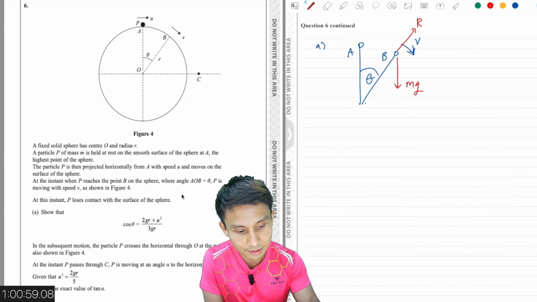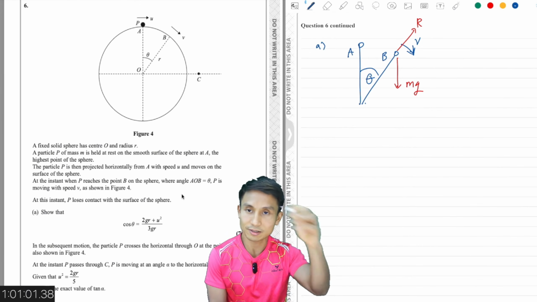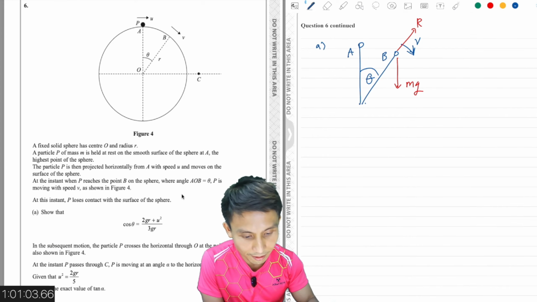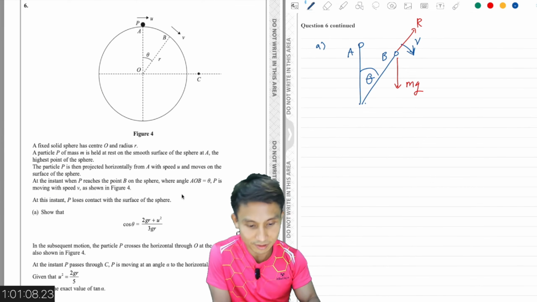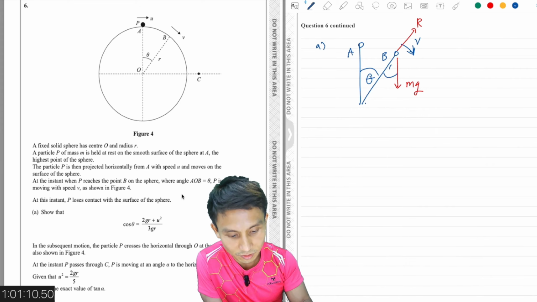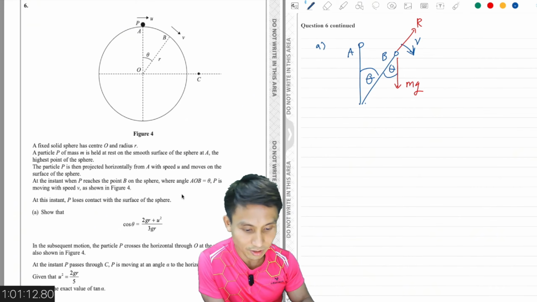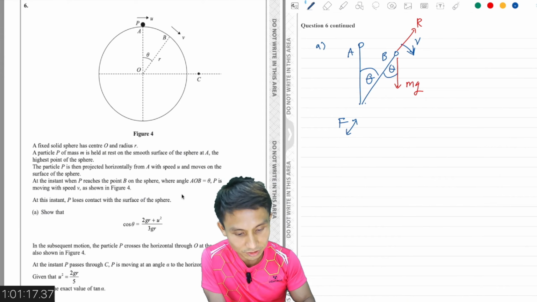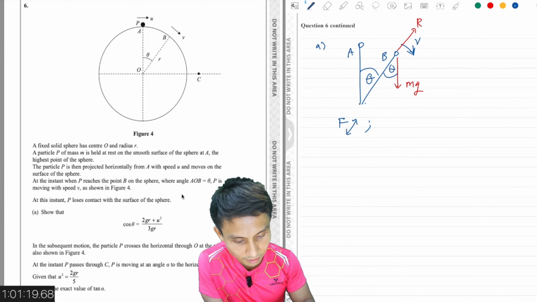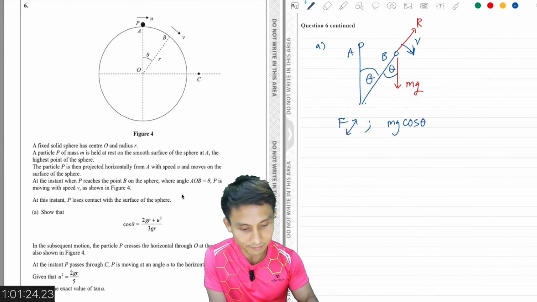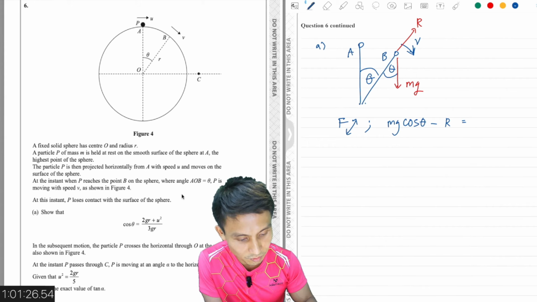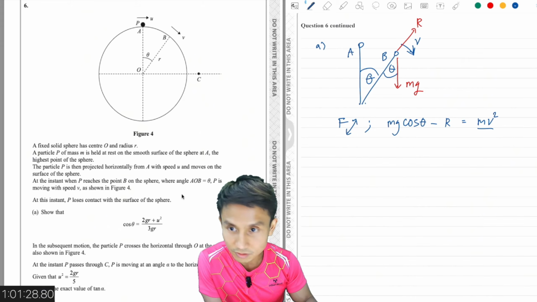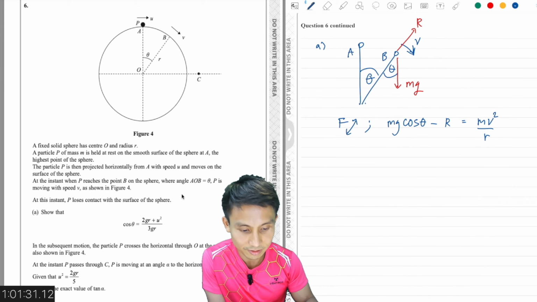And then this is circular motion, right? So that means you need to resolve the force towards the center. Okay, that means this is also theta. So if we do force towards the center, in that direction, we have mg cos theta minus R equals mv squared over r, where little r is the radius.